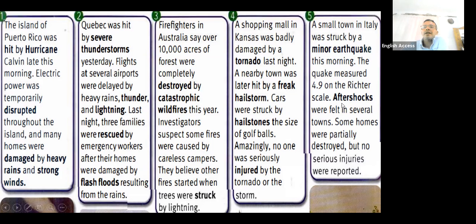Aftershocks. If you don't know what aftershocks are, it is when you have an earthquake, and it starts in Guerrero, and the wave follows and ends in Mexico City. Do you understand the context?